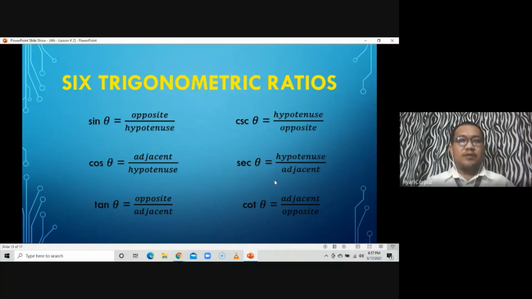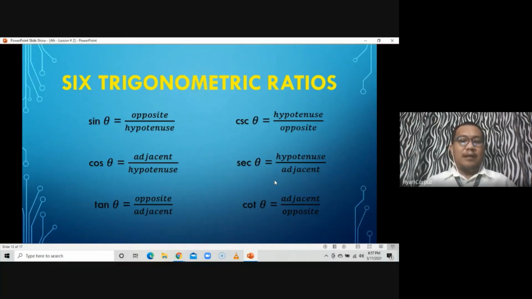Sokatowa is for sine equal to opposite over hypotenuse, cosine equal to adjacent over hypotenuse, and tangent equal to opposite over adjacent. While Choshakaw is for cosecant equal to hypotenuse over opposite, secant equal to hypotenuse over adjacent, then cotangent equal to adjacent over opposite.